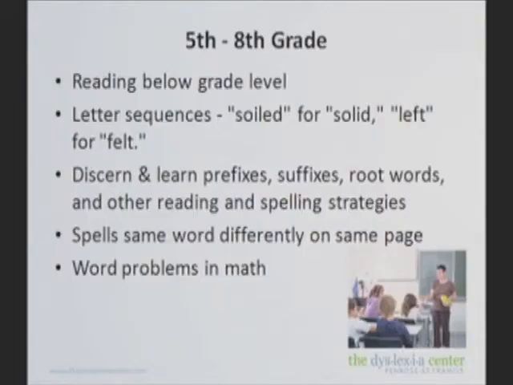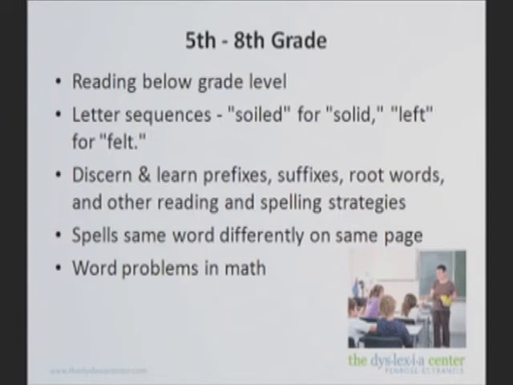Their spelling is probably pretty poor, and they probably avoid writing. They make letter sequence errors, soiled for solid, left for felt. They rely a lot on context clues and guessing. They have trouble discerning prefixes, suffixes, root words, and other reading and spelling strategies.